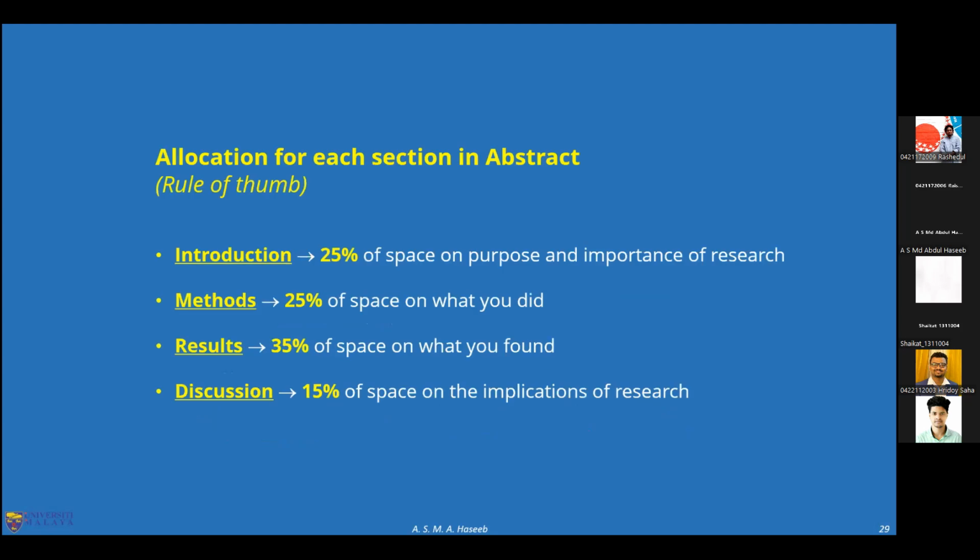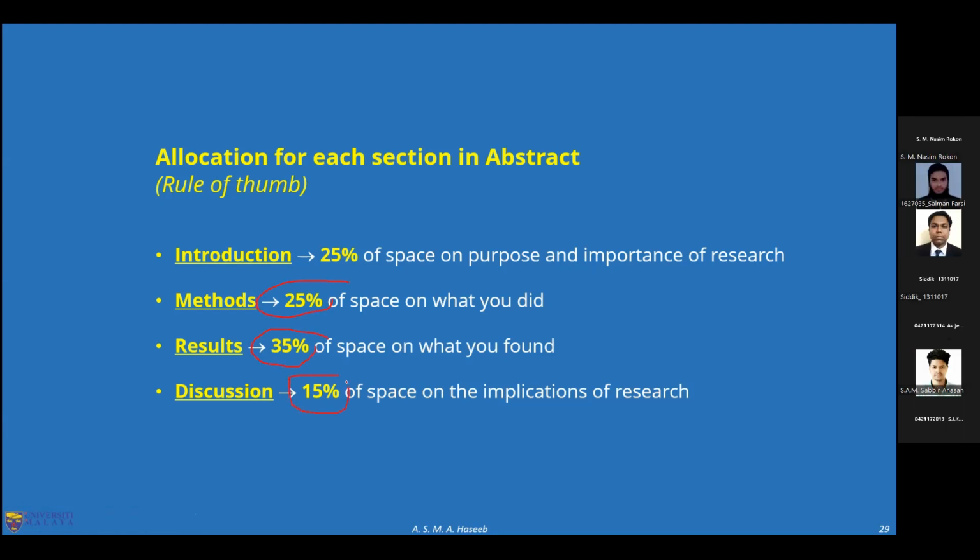There is no hard and fast rule how much the introduction in the abstract should take up, how much other sections should take up. But this is the rule of thumb. So for instance, introduction should occupy 25% of the space or words in the abstract, methods about 25%, results about 35%, and then discussion about 15%.